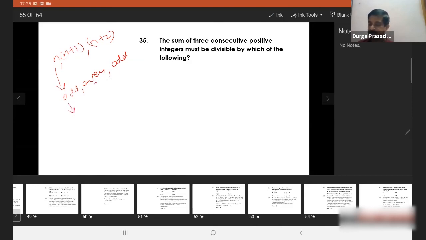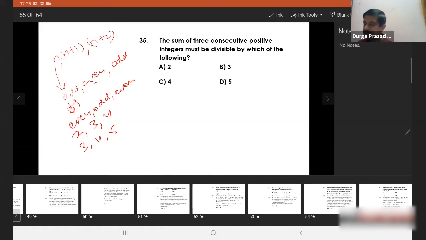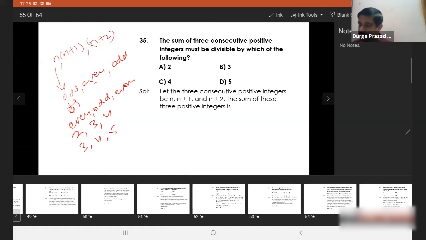Even if it is odd or even, like 2, 3, 4, or if you start with odd, 3, 4, 5, you see 6 is the LCM. LCM of this is divisible by 6. LCM of this is also divisible by 6. So therefore it should be divisible by 6.